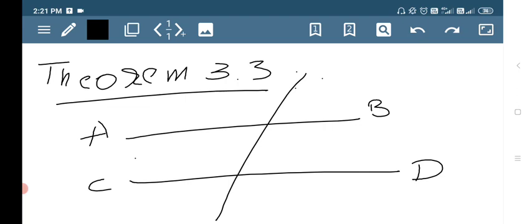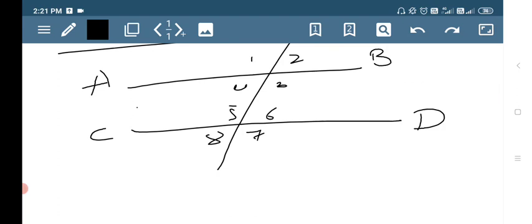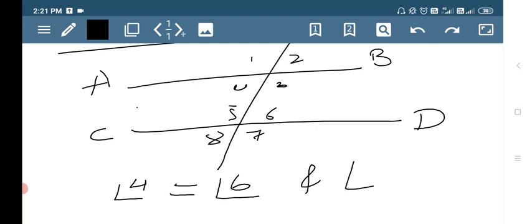If a transversal intersects two lines such that a pair of alternate interior angles is equal, with angles 1, 2, 3, 4, 5, 6, 7, 8, which are the pairs of alternate interior angles? Angle 4 equals angle 6 and angle 3 equals angle 5.